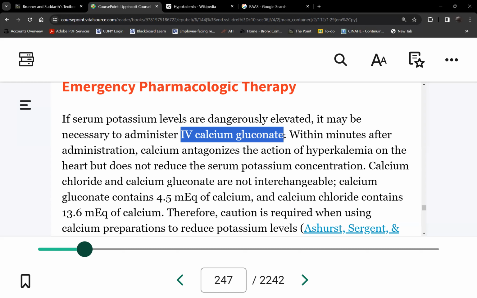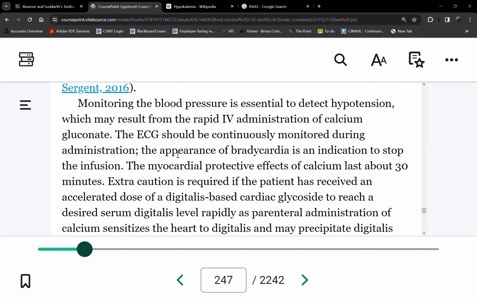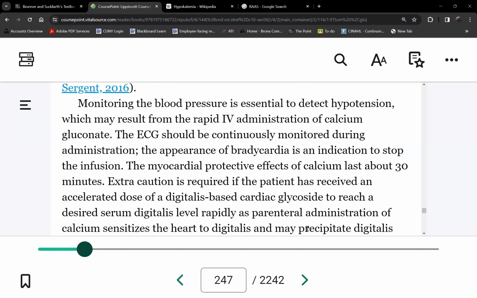So you'll get calcium gluconate, plus you'll also have dextrose with insulin, which is the other option. Here it explains why IV calcium gluconate will lower potassium. No, sorry, there's an exchange here, etc. So just read the detail.